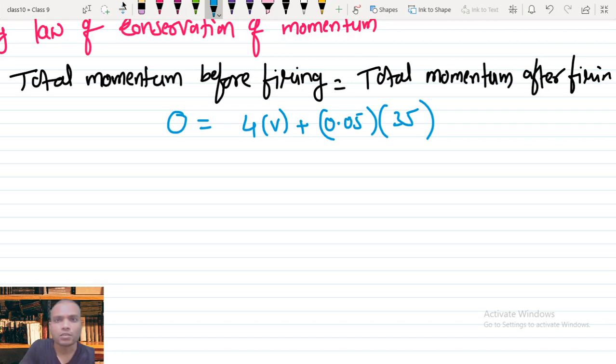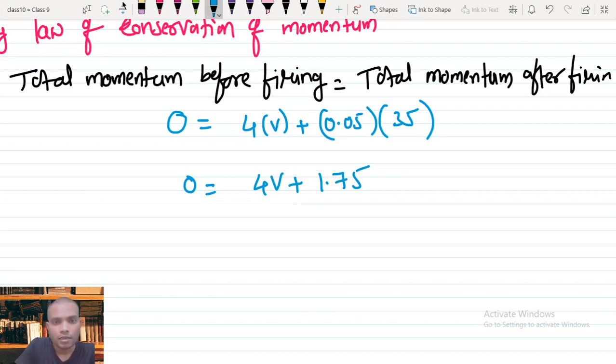So let us solve this. If we multiply that, 0 equals 4v plus 35 times 0.05. So this value I get is 1.75.